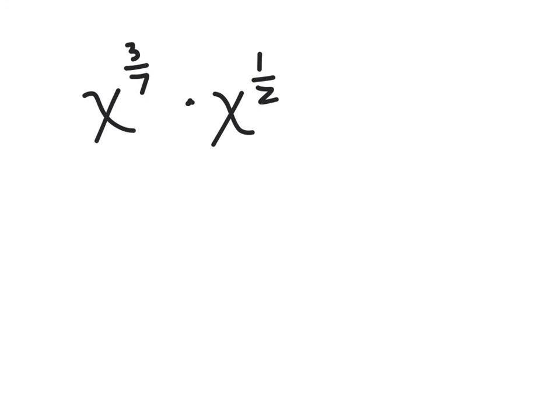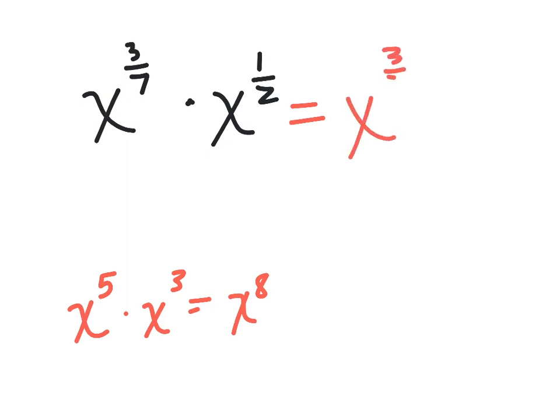All right, last one. If I have one like this and I am multiplying two exponents, remember your law of exponents: if I have x to the 5th times x to the 3rd, you can add those exponents, so x to the 8th. So this one, same thing, I need to add 3/7 plus a half. So it's really x to the 3/7 plus a half.